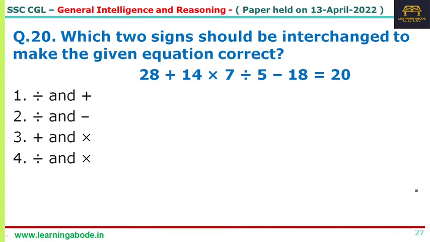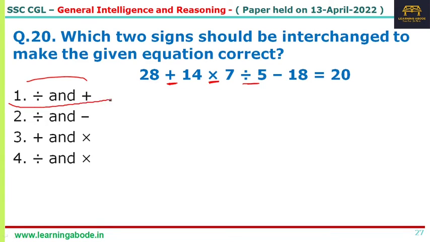Now question number 20, another arithmetic operation based question. So as I said for the previous question, look at the division symbol. So divided by 5. Okay, so 7 divided by 5 is not possible. So just go for something with division. Now here, where you can place division, maybe you can place division here instead of plus or instead of multiplication.